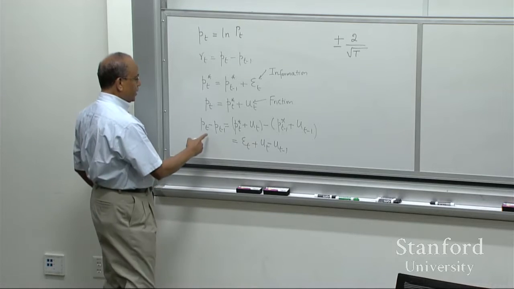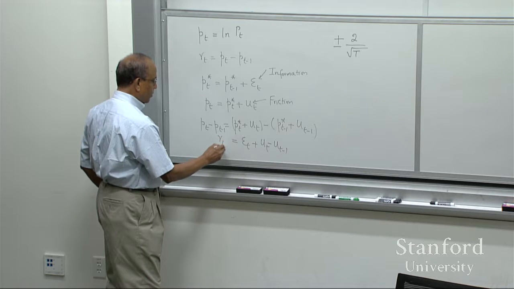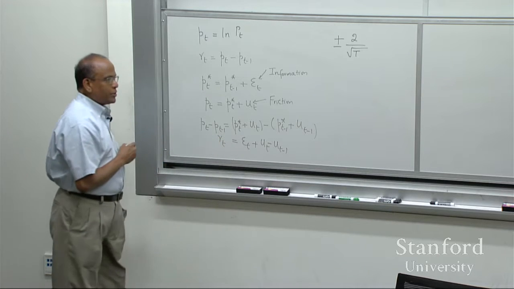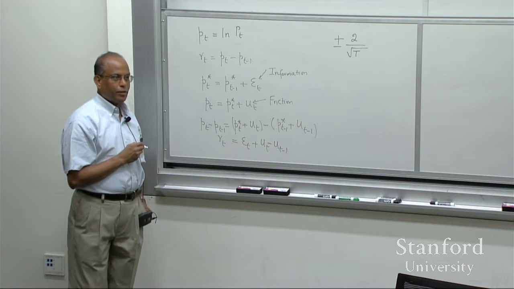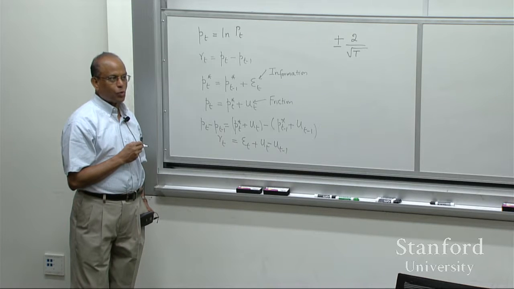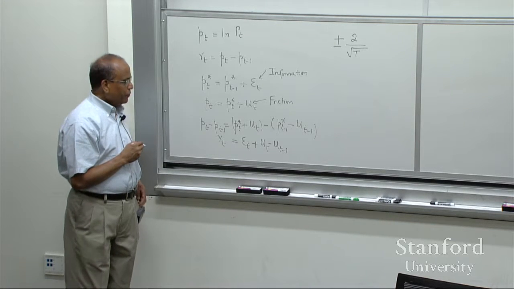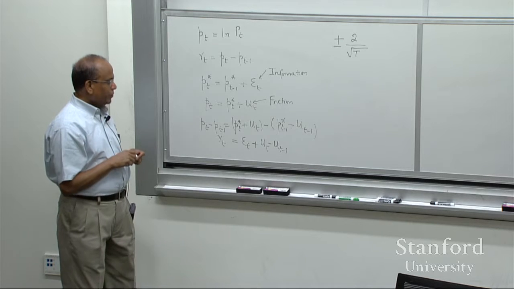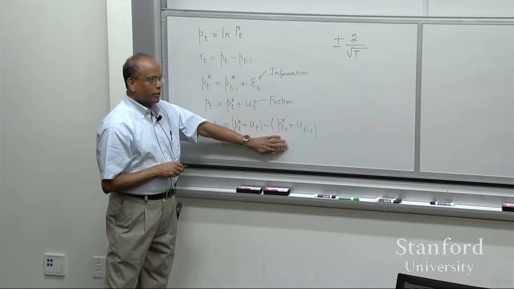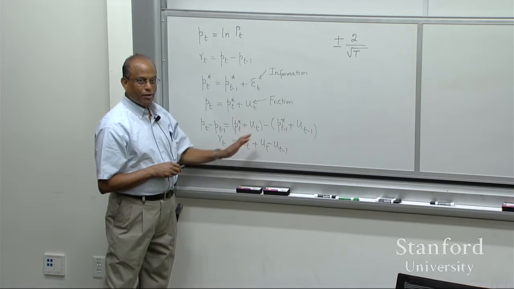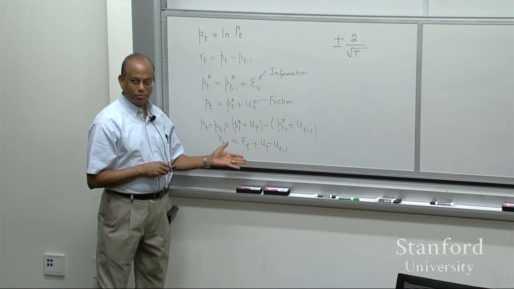This is the actual return that you observe, RT. So what is the covariance between RT and RT minus 1? If there is no market friction, you know that this quantity is going to vanish. RT is going to be completely random.